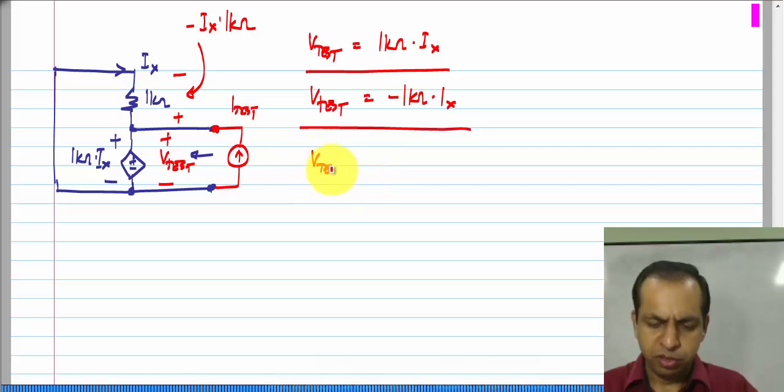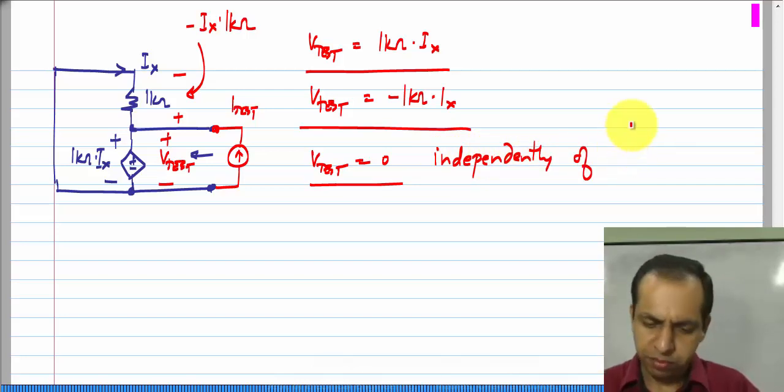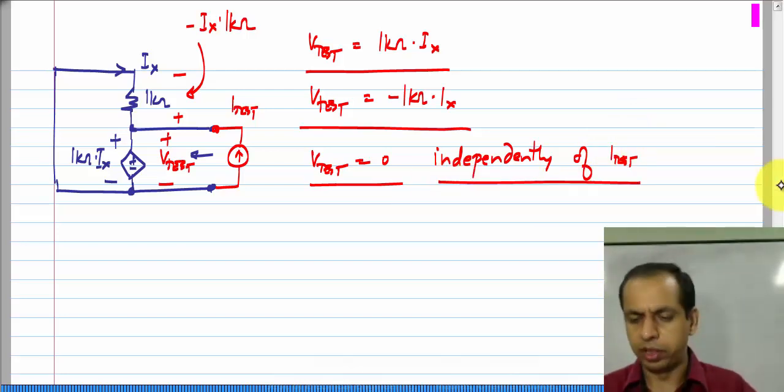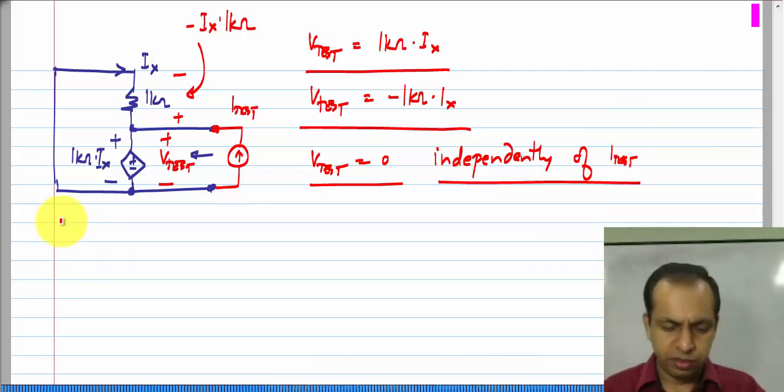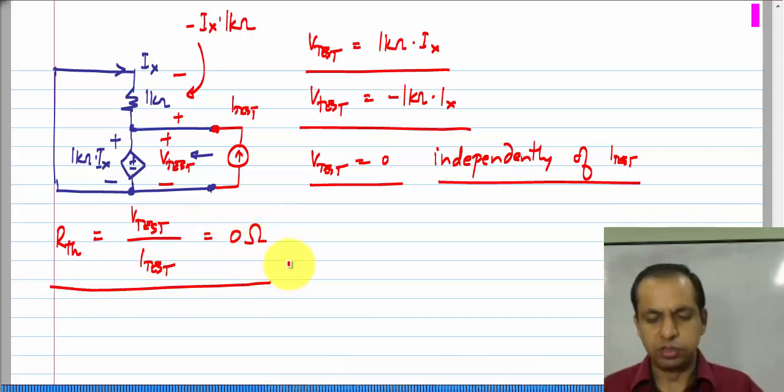So, by adding these two, V test will come out to be 0, independently of I test. Okay. So, that means that the Thevenin resistance, which is V test divided by I test, will be equal to 0 ohm. Okay.